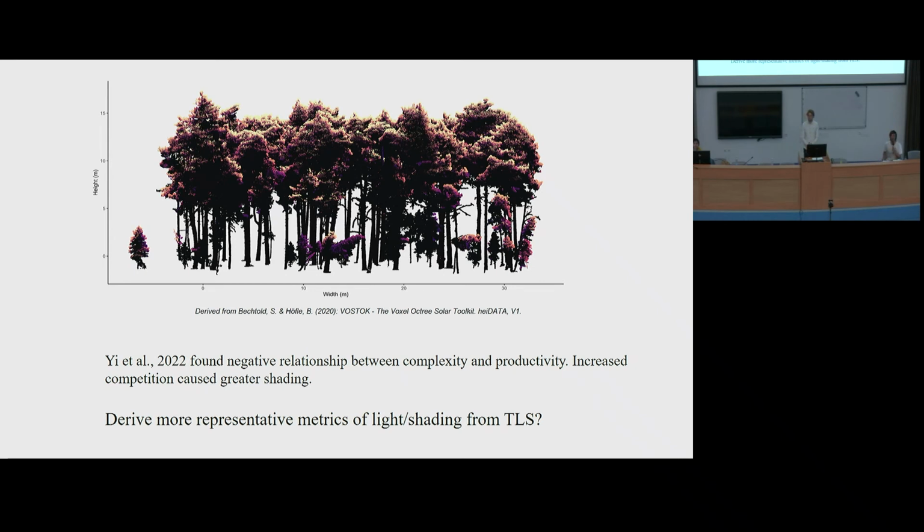Any other questions? Yeah, I have one question, if I can. Please. Thank you for the presentation, it's a highly interesting study. I have one comment on mixed forests.